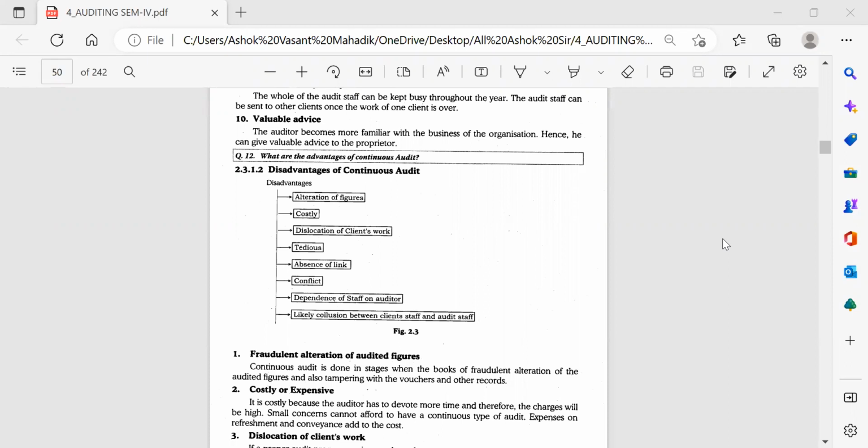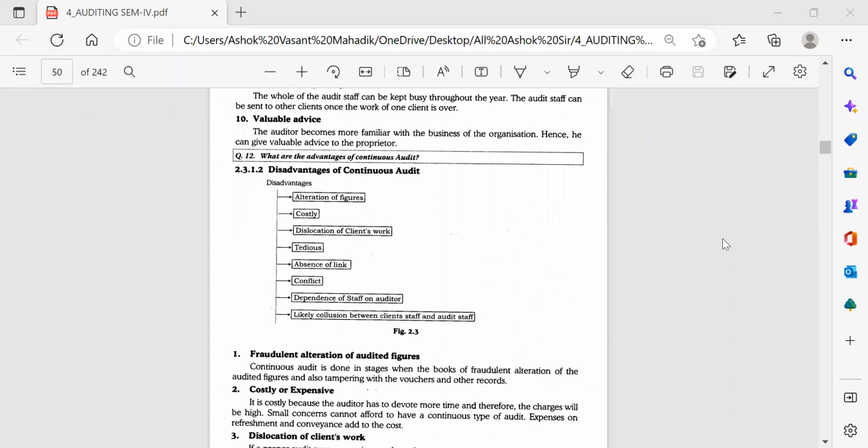Then the next disadvantage is dislocation of client's work. If the auditor is visiting every now and then, the accountant and the staff may not do their own work properly. They may not get the time; they have to look after the auditor, what he needs, etc. So the work of the client may be dislocated.